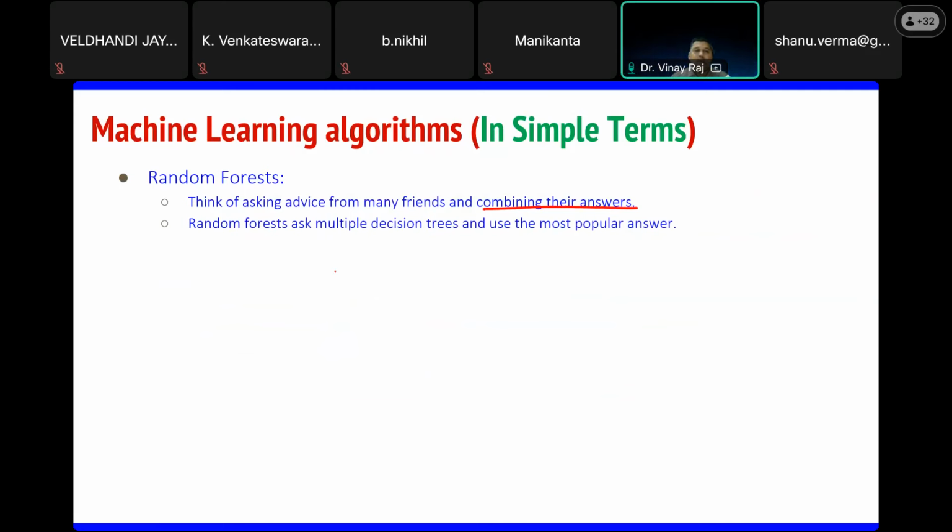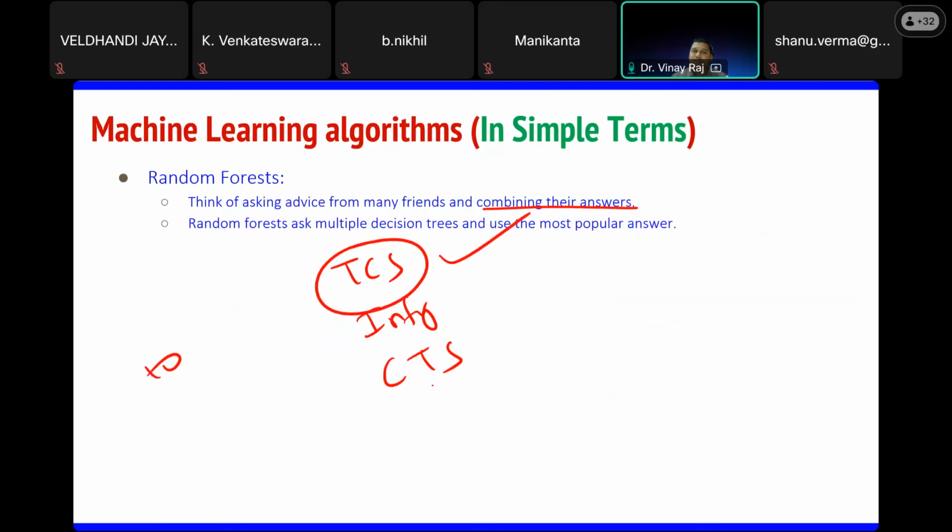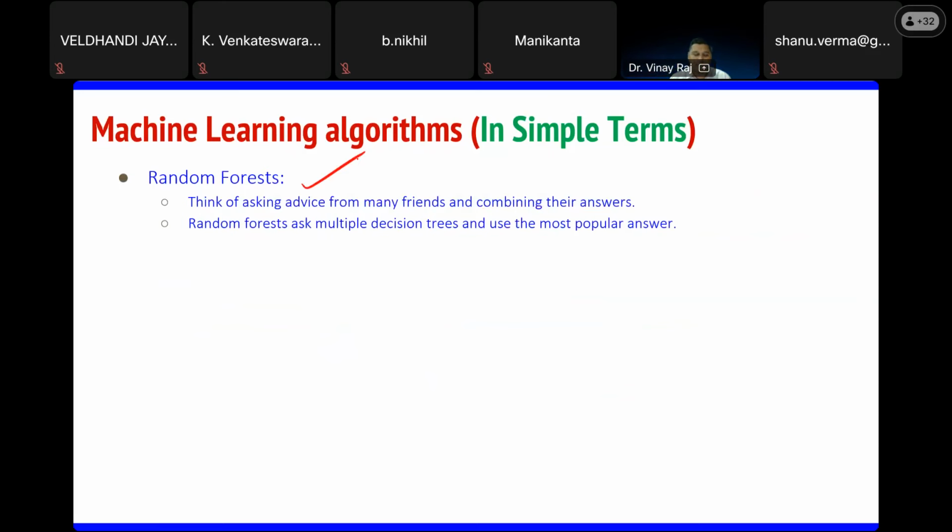Suppose you got placement in TCS, Infosys, and also CTS. You do not know which company to join. You ask some 10 people, and whichever gets more votes, that company you join. That is random forest. So we have some problems of that kind, right? That is a simple explanation of random forest.